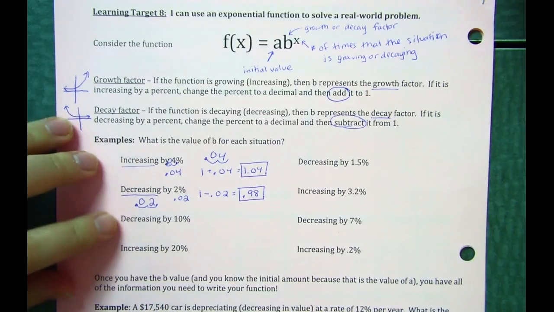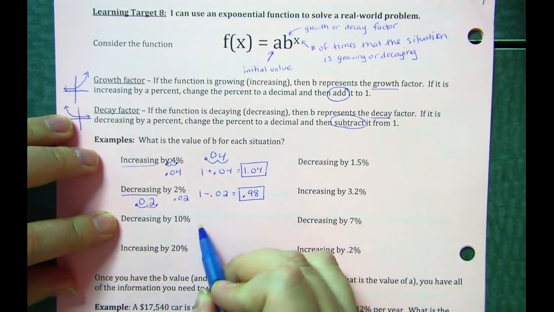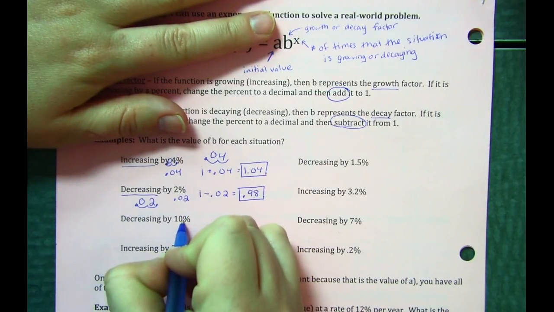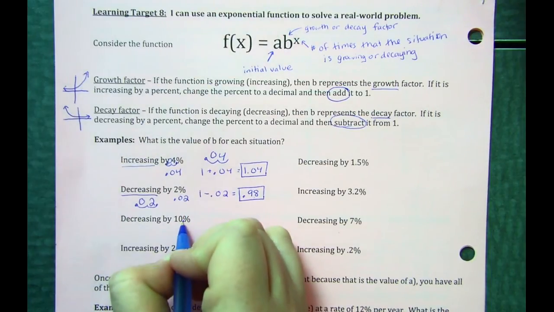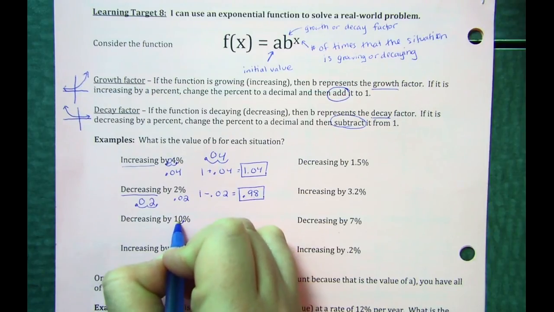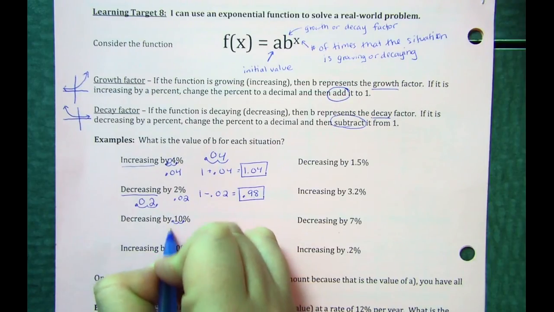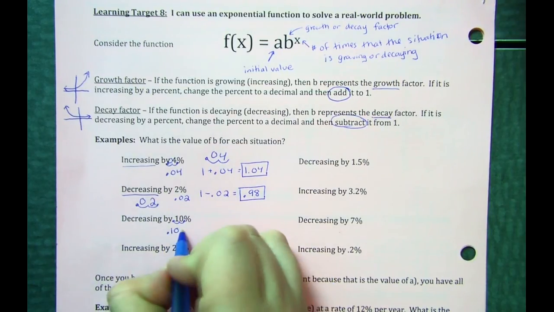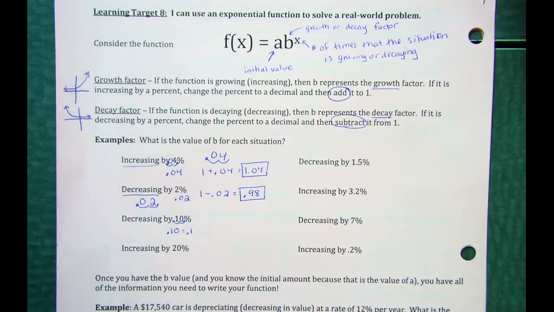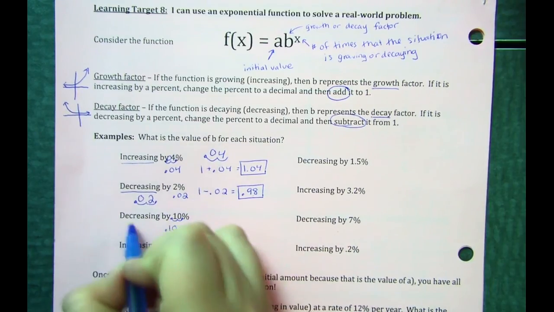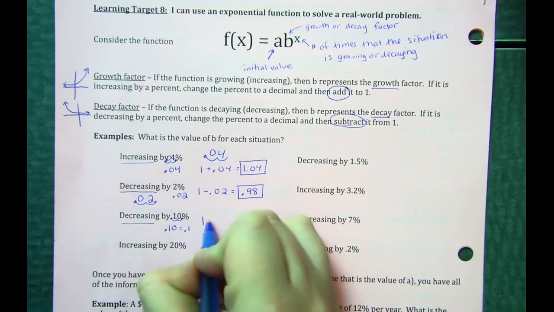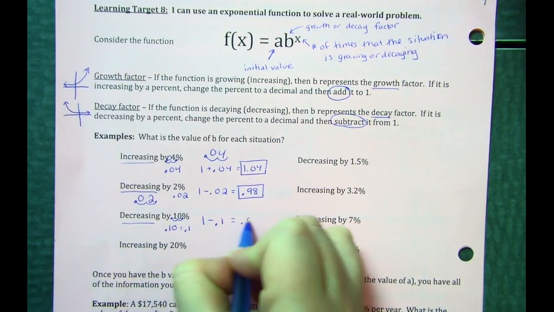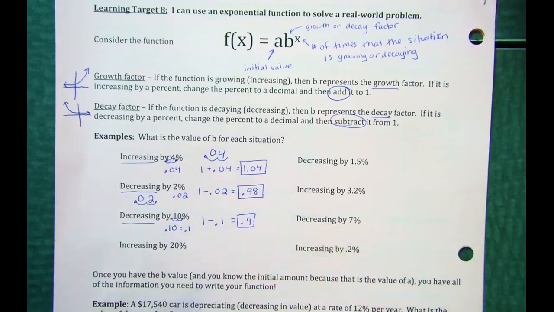That would be my b value. This next one is decreasing by 10%. Here's where my decimal currently is, in the number 10. If I want to change this percent to a decimal, I move my decimal 2 spots to the left. So now it's 0.10, or just 0.1. I don't need that 0 on the end. Because it's decreasing, I'm going to subtract it from 1, which equals 0.9. So my b value is 0.9.